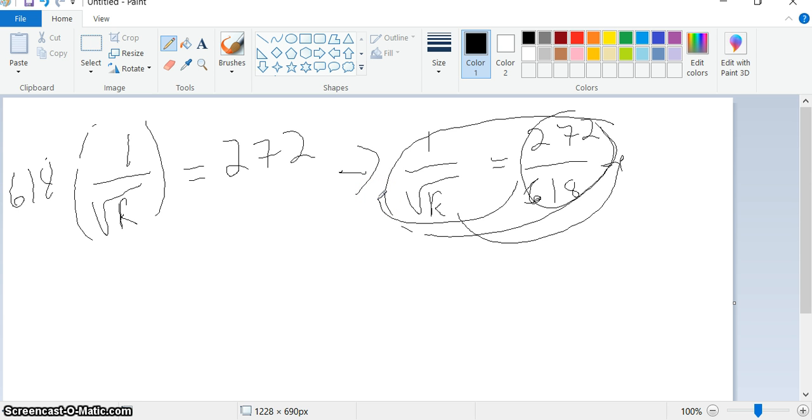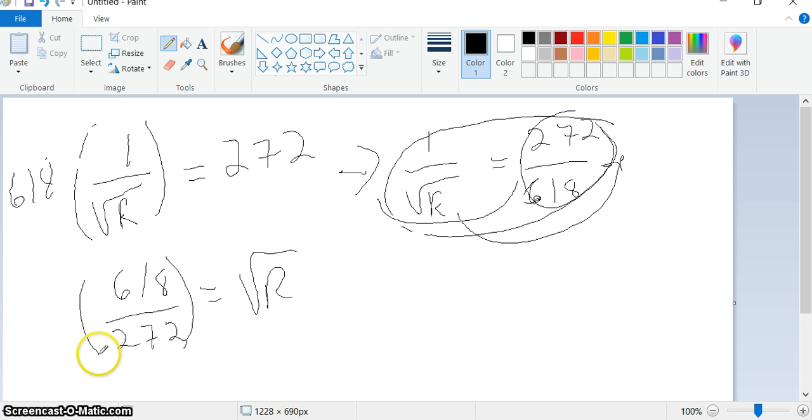It'll be 618 over 272, and that's equal to the square root of r. Then you just square both sides of the equation because we're solving for r. And so this is what r comes out to be.